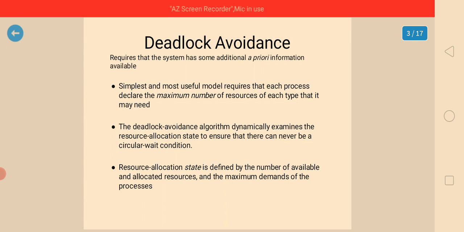So we need to examine that a circular wait should not happen while processes are being allocated. Next, the resource allocation state is defined by the number of available and allocated resources, and the maximum demands of the processes. Whenever resources are being allocated, at that time we need to define the number of available and allocated resources, meaning we need to allot the resources to the number of processes.